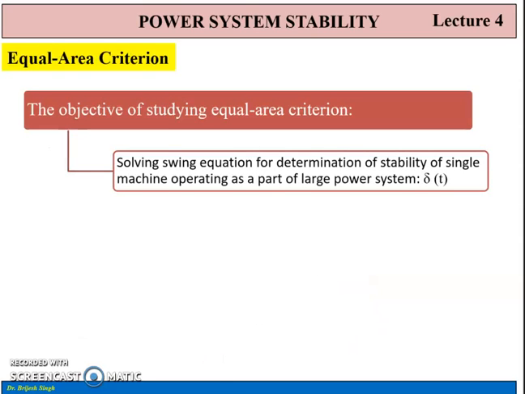The objective of studying it is to solve the swing equation to determine the stability of a single machine operating as part of a large power system.